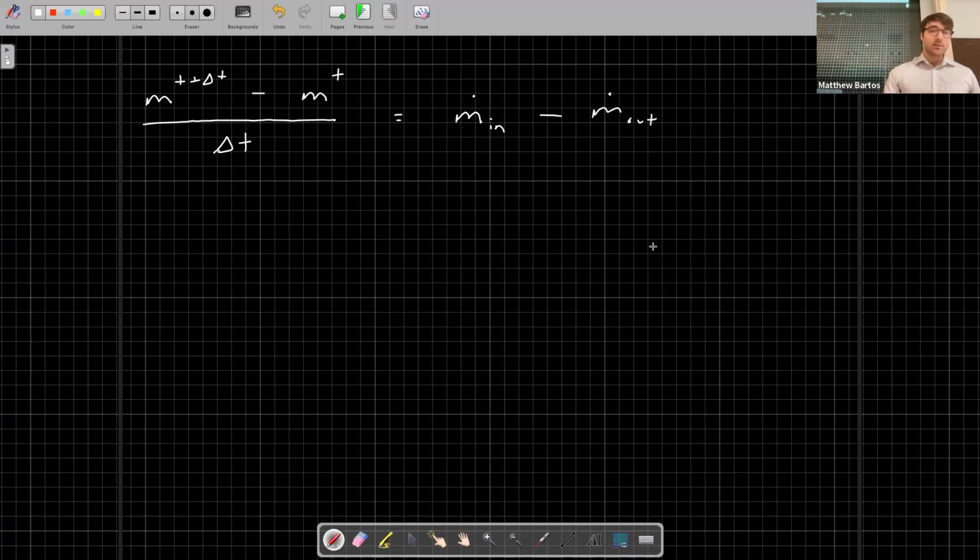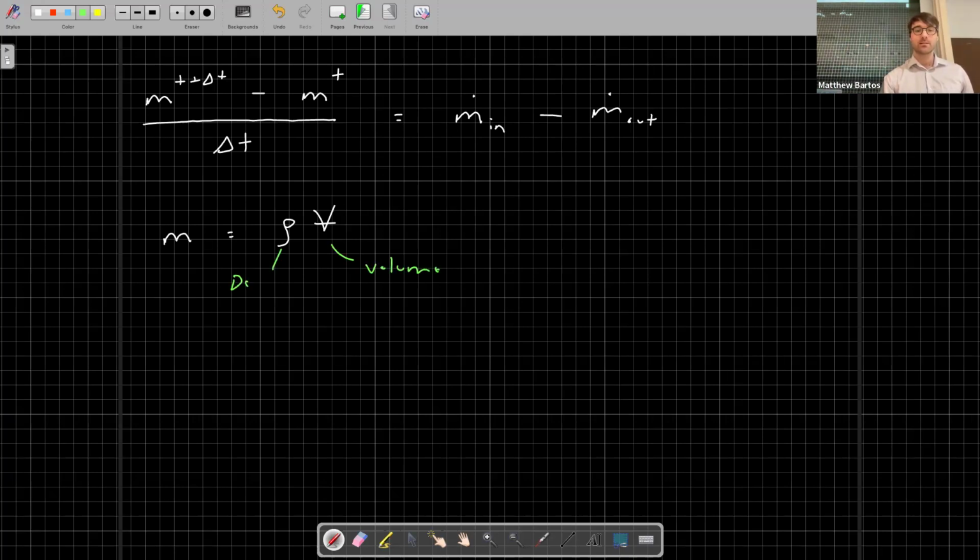All right, so let's go ahead and simplify this a little bit. Let's say we want to express this mass in terms of the volume. We can write that the mass at any time is equal to the density of the fluid times the volume. This is the volume.